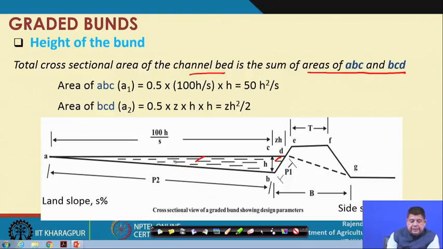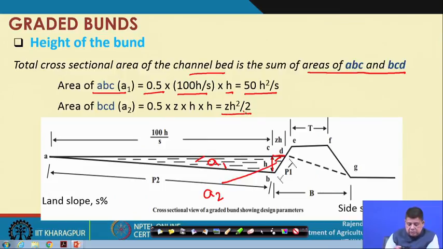The area of ABC, A1, is half into the vertical, that is H, and the base, which is 100 H by S. Using the simple triangular area formula, this comes out to be 50 H square by S. Now, for this one, A2, is half into H times ZH, so half into ZH times H, or ZH square by 2.